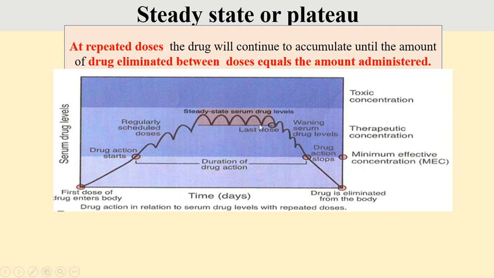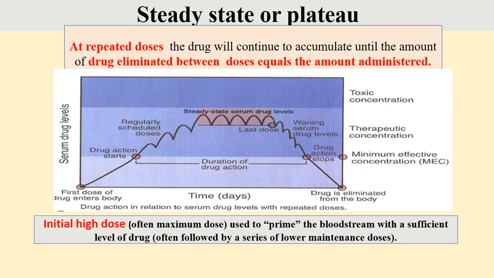We call it the plateau, and then it remains. It also decreases with interrupted or irregular dosing, and then it falls to the minimum effective level of its therapeutic dose over time.